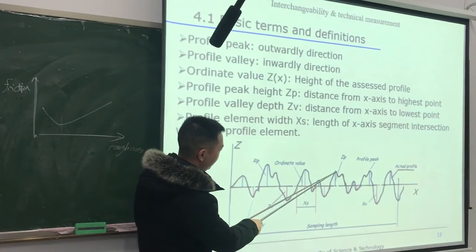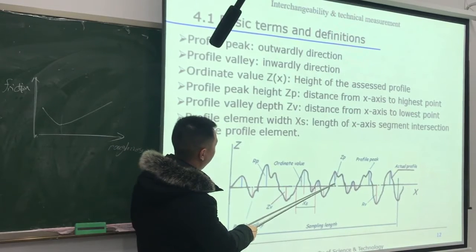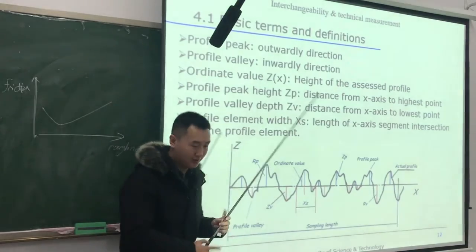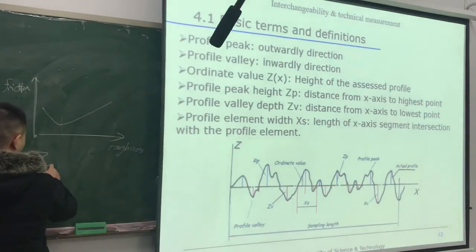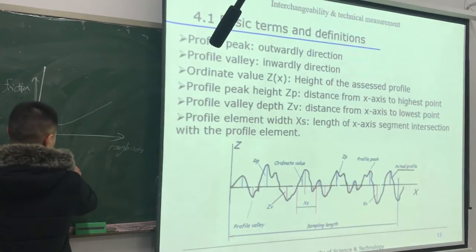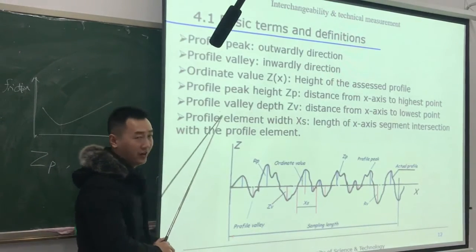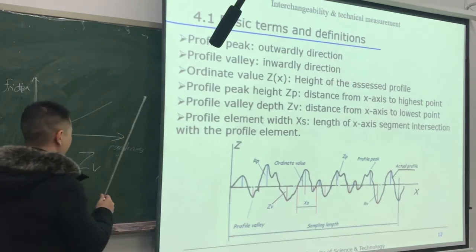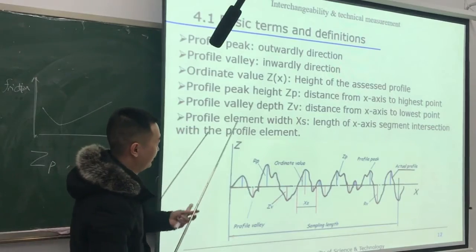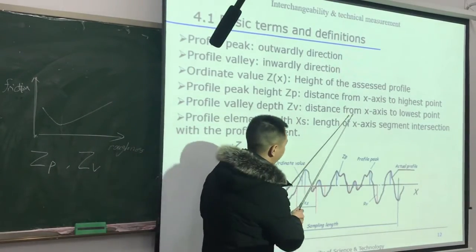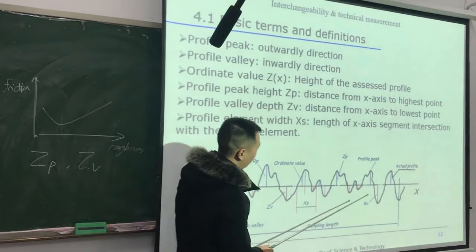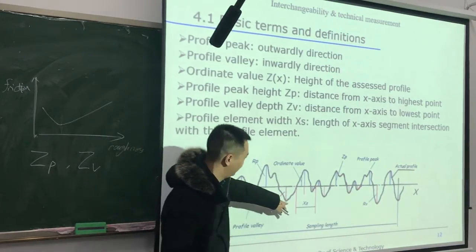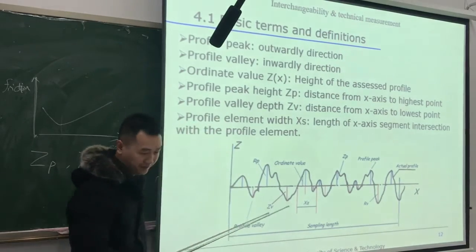So the distance between this point and the x-axis we call the profile peak height zp, where z is the ordinate and p means the peak. We also have the profile valley depth, called zv, because v represents the valley. It's the distance from the axis to the lowest point. Here is the zv, because this point is the lowest point.